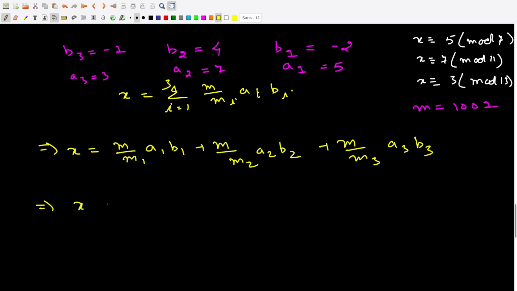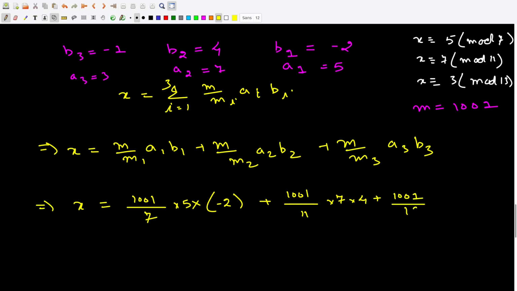So x equals 1001 divided by 7, where m1 is 7, a1 is 5, and b1 is -2, plus 1001 by 11, a2 is 7, and b2 is 4. Similarly, 1001 divided by 13 into a3, which is 3, and b3 is -1. If we solve all this, we get x equals 887.